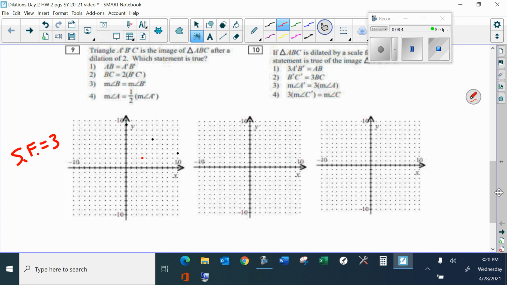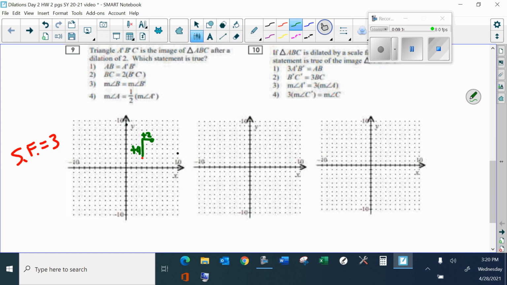So I need to figure out how long it takes me to get to one of those points. I'll change it so you can see it, the green one here now. So I'm going to go up 4, right 2. Remember, to get from the center of dilation to one of those points, that's a scale factor of 1.